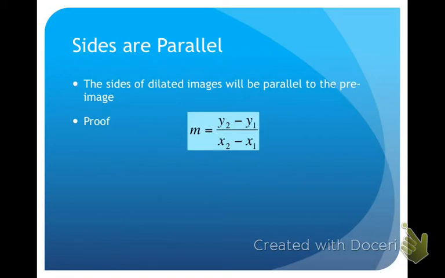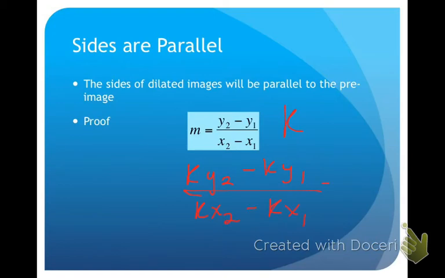If we have the slope formula, we have y2 minus y1 over x2 minus x1. Let's say we have a scale factor of k. So that means I'm going to multiply everything. I'm going to have ky2 minus ky1 all over kx2 minus kx1.